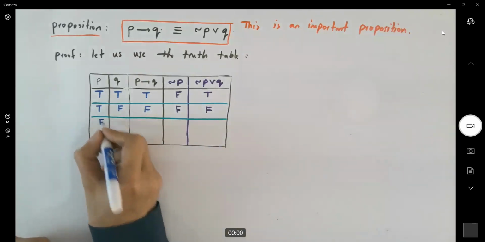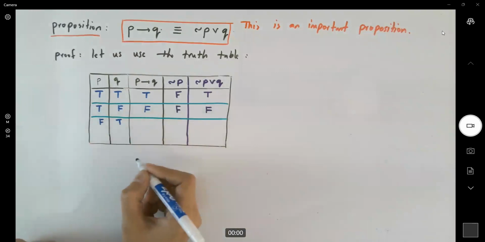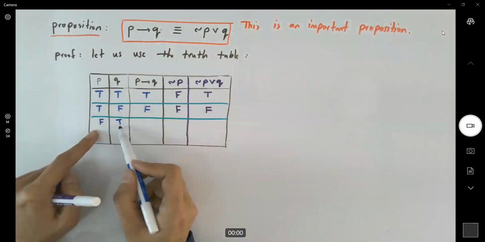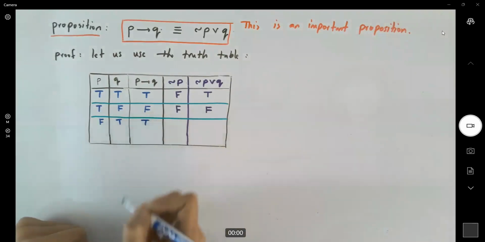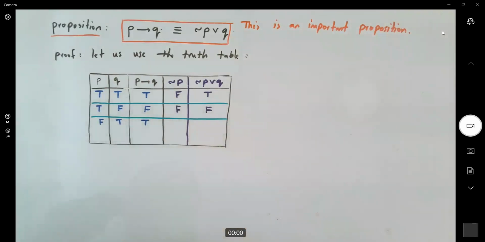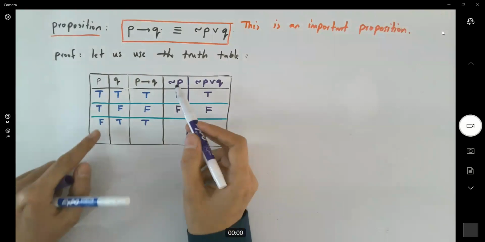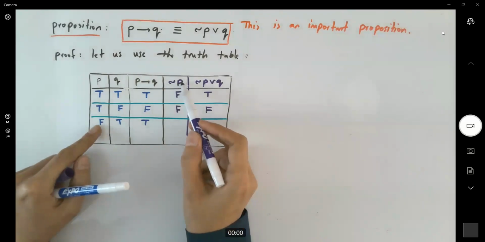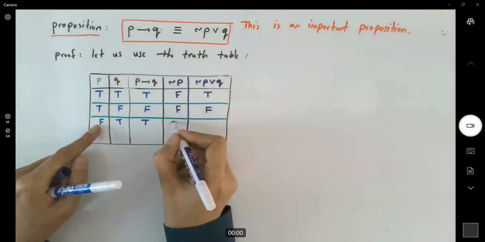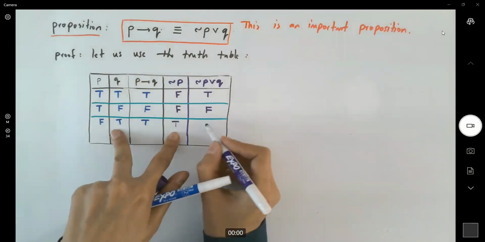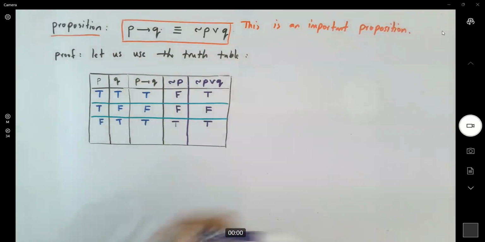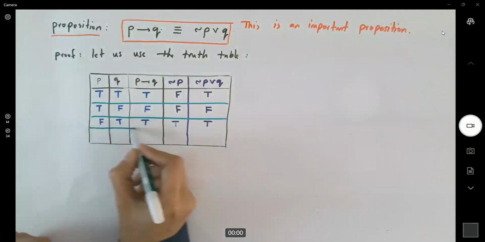What if my P is false, my Q is true? False, then true. Remember the definition. It is true. Now, not P. P is false, not false is true. Okay, true or true is true. And finally, the very last row.